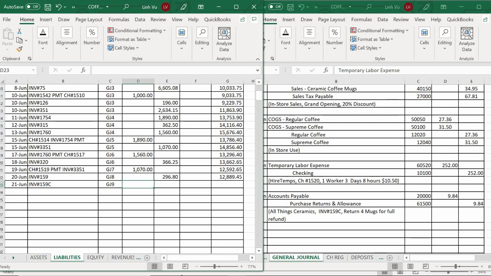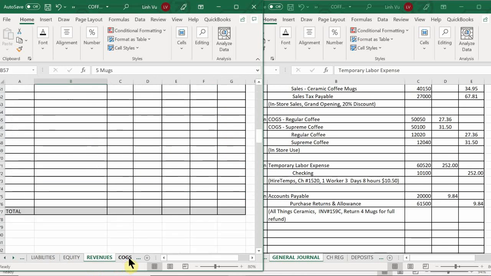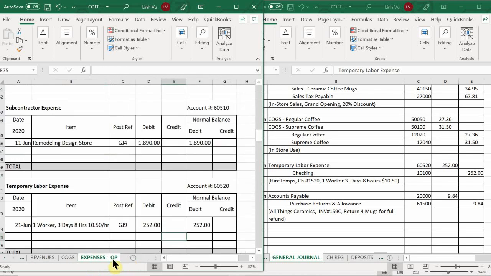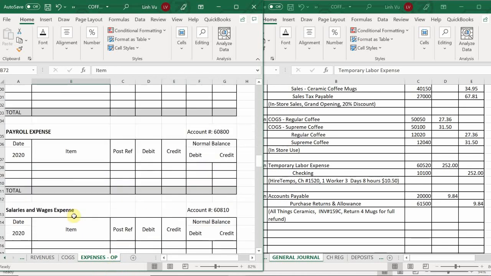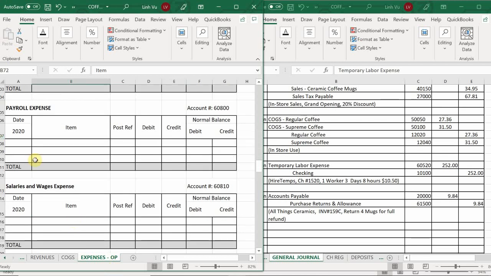We're getting a refund for $9.84. So then 12,879.61. Good, right? We're decreasing our liabilities. Okay, no worries. And then we got to go to our expenses, to purchase returns and allowances.